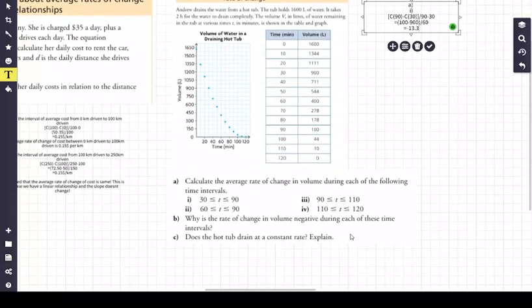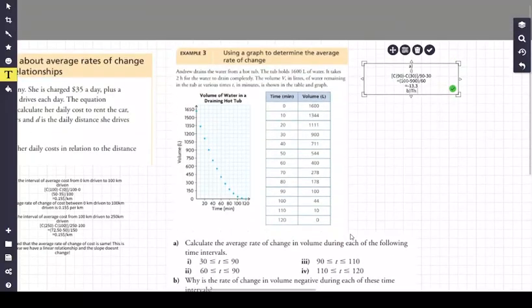And let's talk about B. Why is the rate of change in volume negative during each of these time intervals? The rate of change in volume is negative because as time increases, the volume decreases.